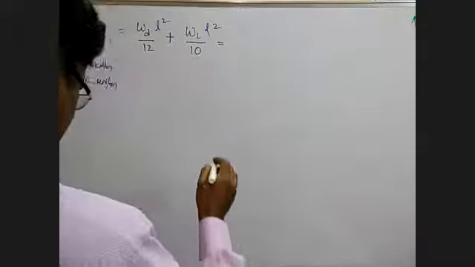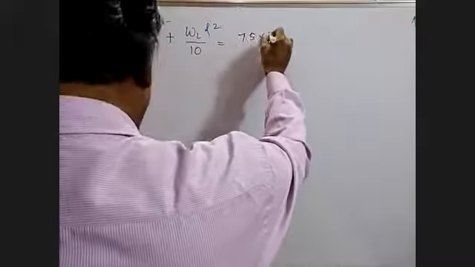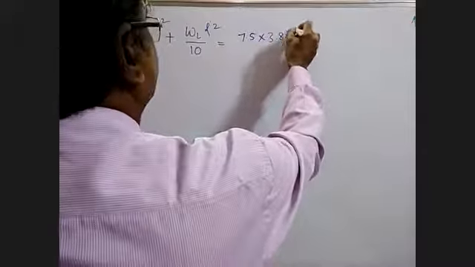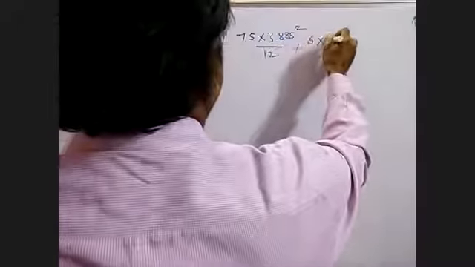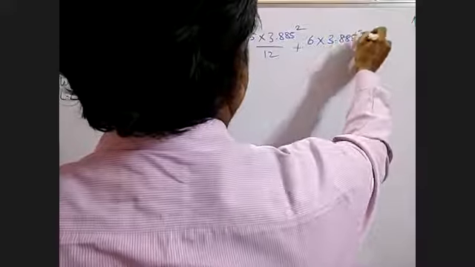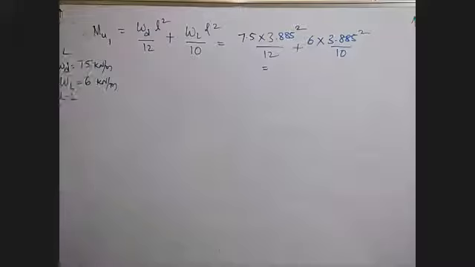So 7.5 into 3.885 square by 12 plus 6 into 3.885 square by 10.